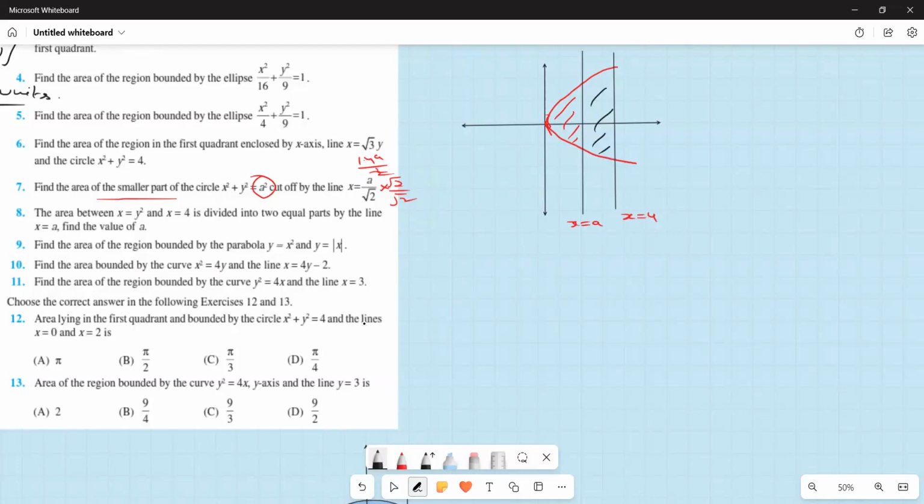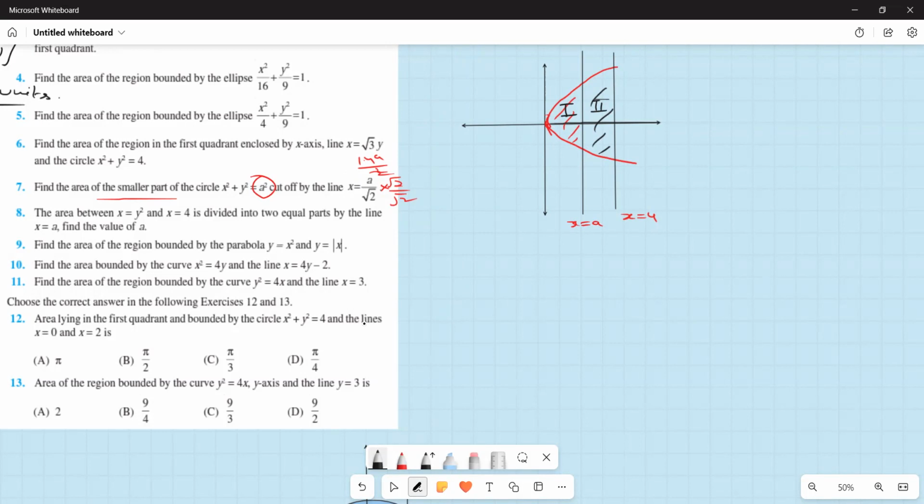Or can I say this upper area, because this is symmetrical about x-axis, na? This curve is symmetrical about x-axis, so can I say area 1 is equal to area 2, twice of area 1 is equal to twice of area 2, or area 1 is equal to area 2.